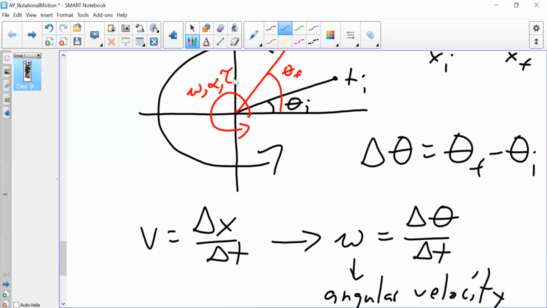So all of the angular quantities are going to be at the center of the circle. Torque, we're going to see next semester, represented by tau, lowercase. L for angular momentum. All of the angular stuff right at the center.